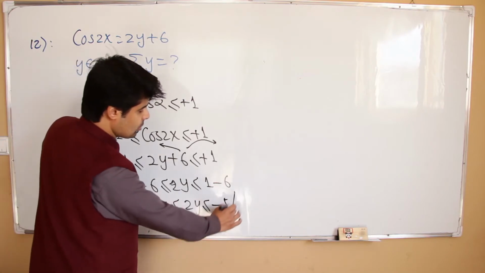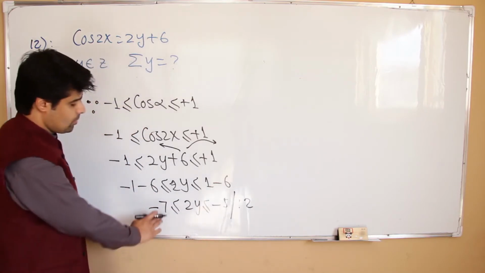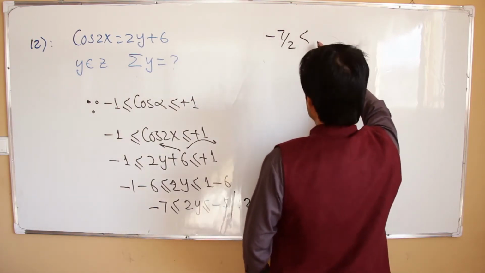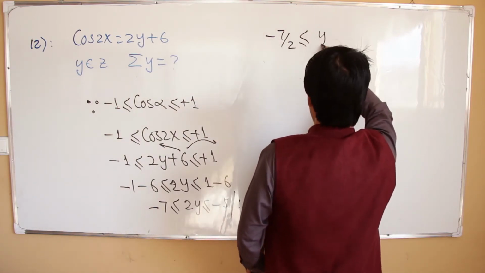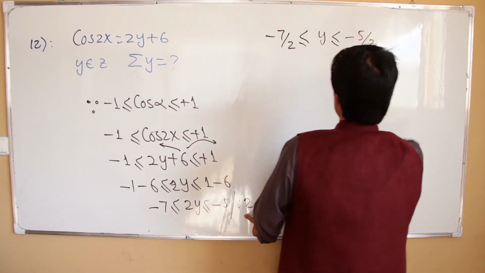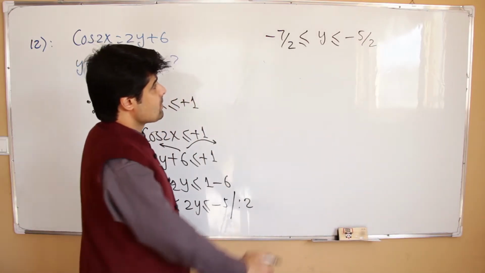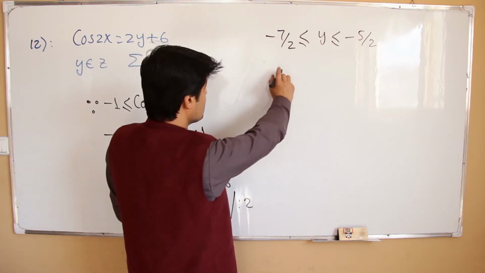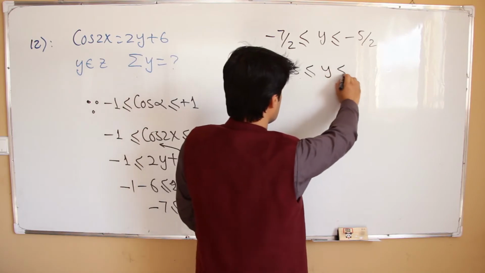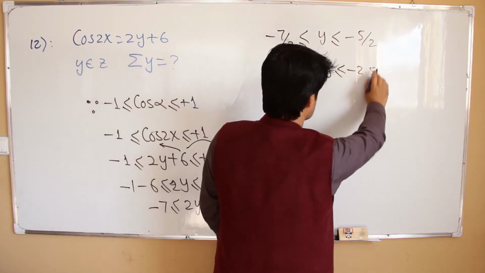Now, divide both sides by 2. So you will have minus 7 divided by 2 smaller than y, smaller than minus 5 divided by 2. Minus 7 divided by 2 is minus 3.5, and minus 5 divided by 2 is minus 2.5.